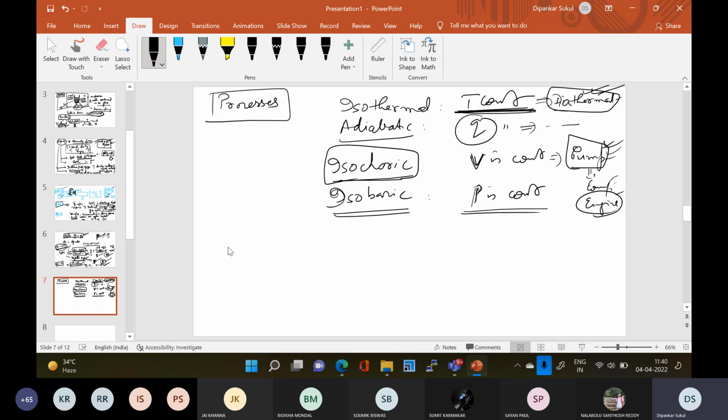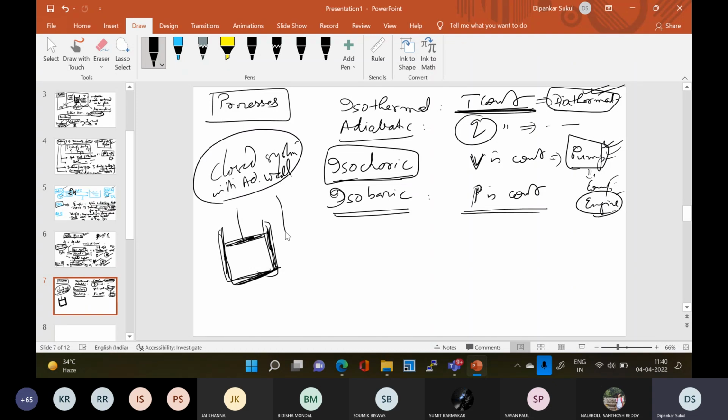As a result, what will happen? Suppose you have considered an insulated system. This is completely insulated, suppose. That is an adiabatic boundary. And obviously it is a closed system, a closed system with adiabatic wall.